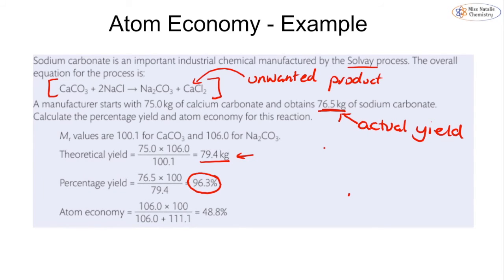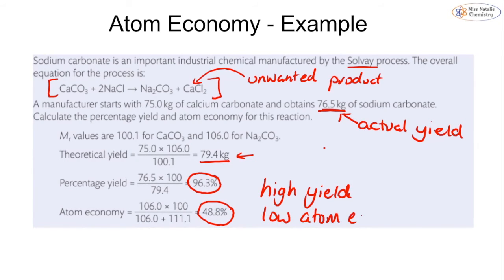So my total sum of the products is 106 plus 111.1. And when I do my mass of desired over my total mass, I get an atom economy of 48.8. So whilst this process has a high yield, it has a pretty low atom economy.